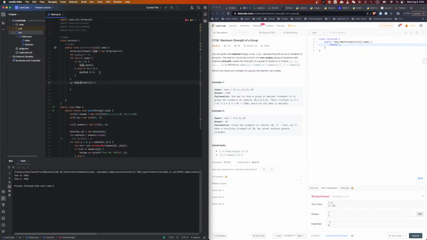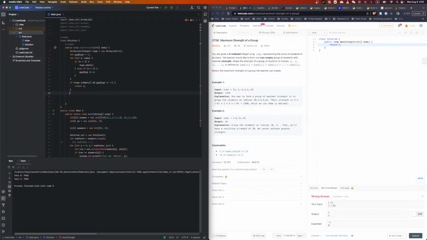So if we don't have any negative, and it's still equal to -1, which means we don't have any positive, then we should return 0. No negative, no positive, then it's going to be 0. Right? Otherwise, we'll have some negative and some positive. Then we can try to calculate the maximum.